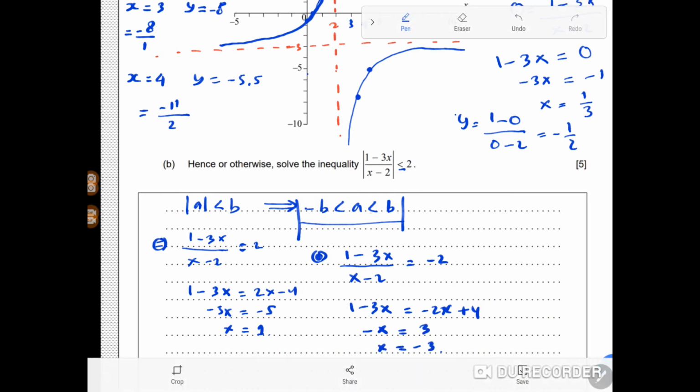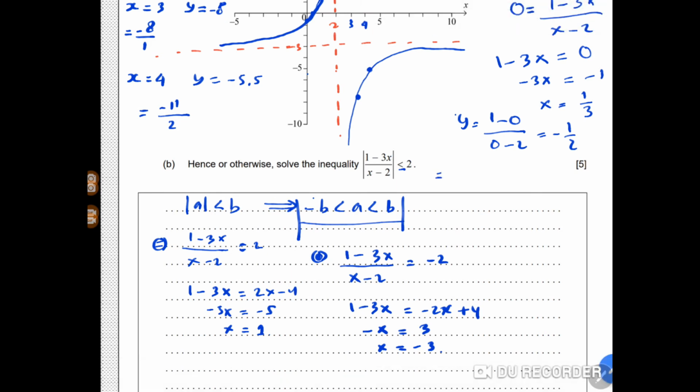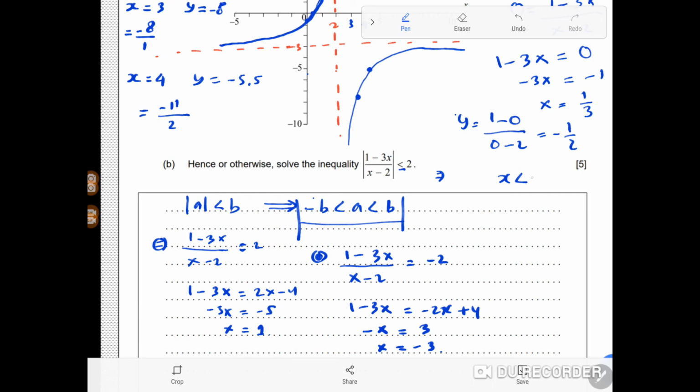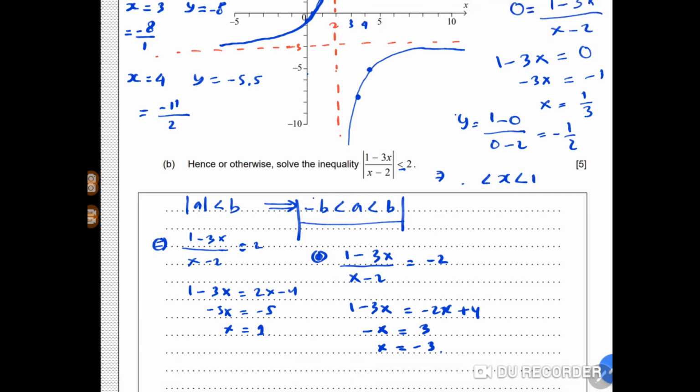Okay, by looking at this, the bound 1 is positive and the other is negative. So you can write down x less than 1, since that bound is positive, and x greater than negative 3. Okay, this is the solution.